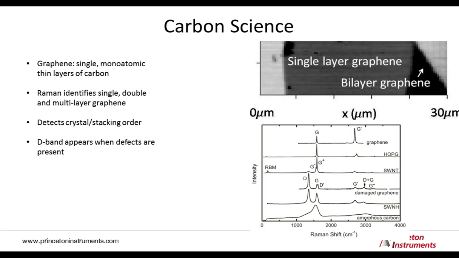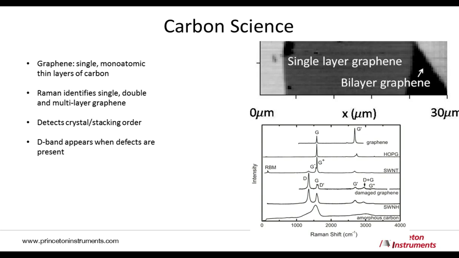The figure on this graph shows the Raman spectra of different forms of carbon that can be clearly differentiated. So, in fact, the Raman spectrum is the most effective way to differentiate between different kinds of carbon structures. It's even possible to differentiate between single, double, or higher numbers of individual monoatomic graphene layers.